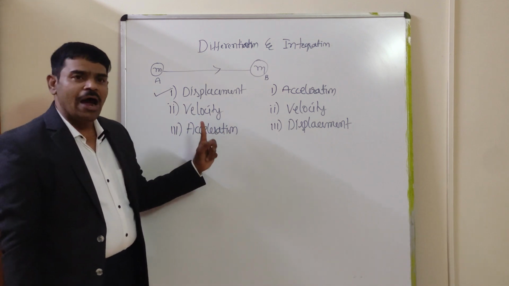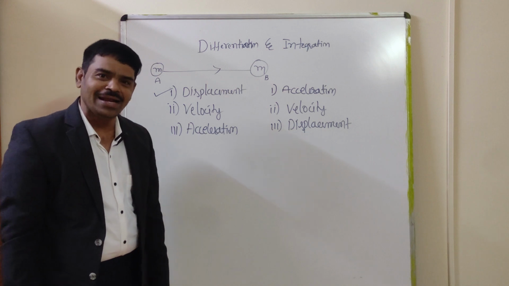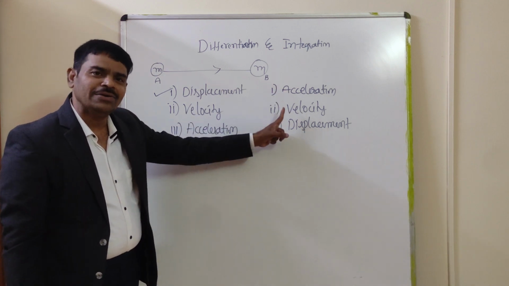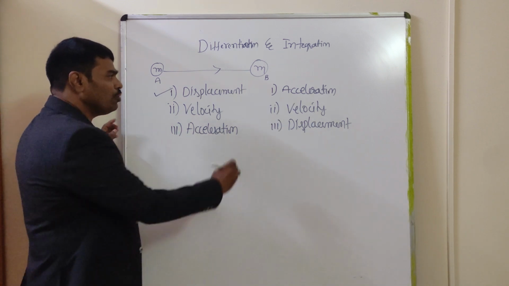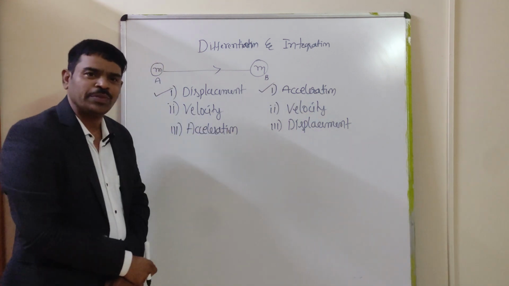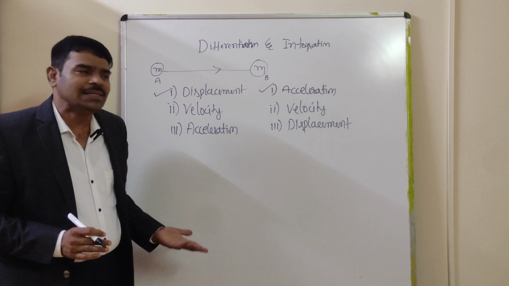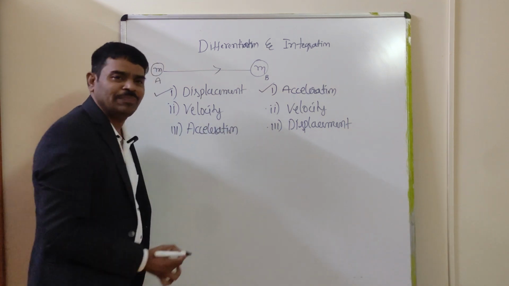So now I have taken a reverse order. I think you observed that I have taken a reverse order. That reverse order is acceleration, velocity, and displacement. Now, if you know the acceleration, you are able to calculate easily the velocity as well as the displacement.